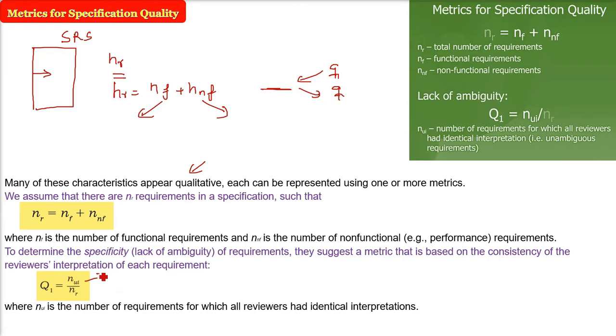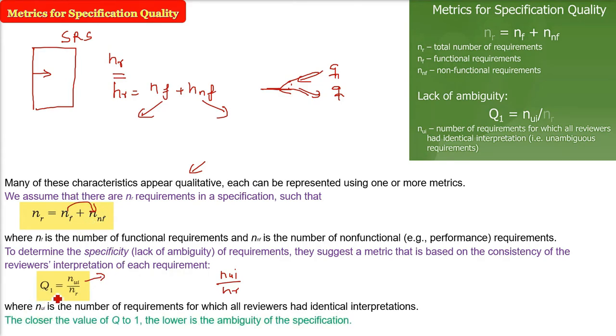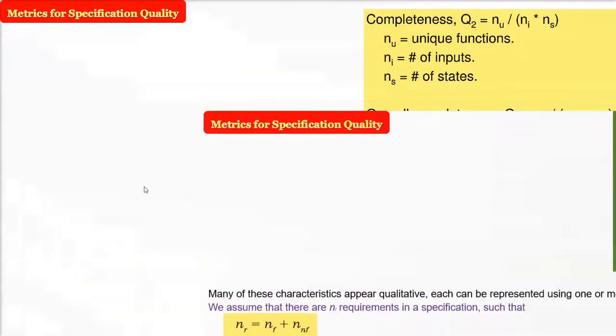That is, you and I are both interpreting the requirement in the same way. So NUI by NR, this is the number of requirements all having the same interpretation. And NR, you already know, is NF plus NNF. So the closer the value of this Q1 is to 1, the less the ambiguity in the specification. So this is how the metric can be computed.